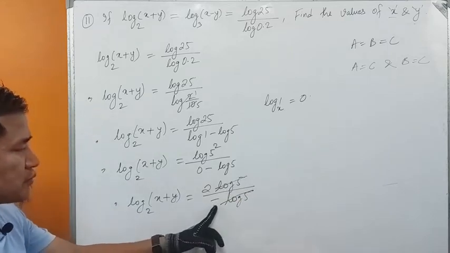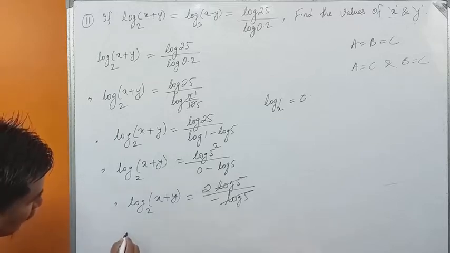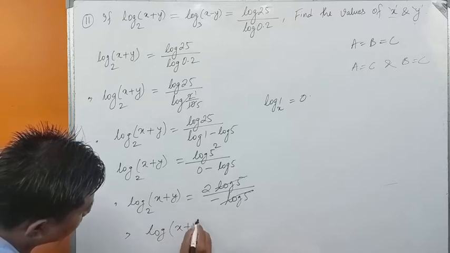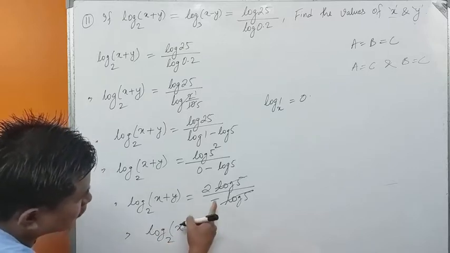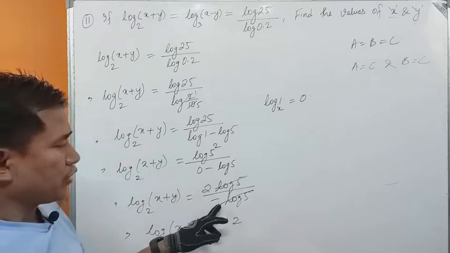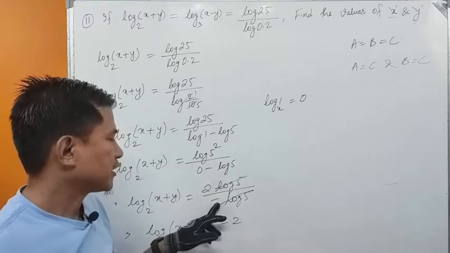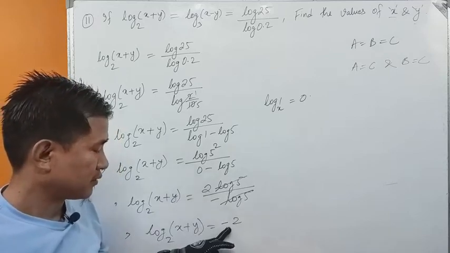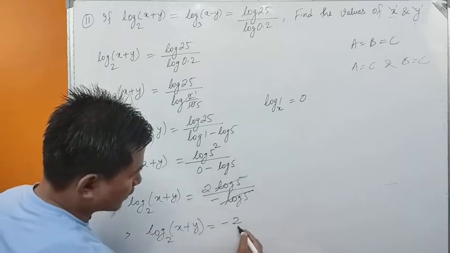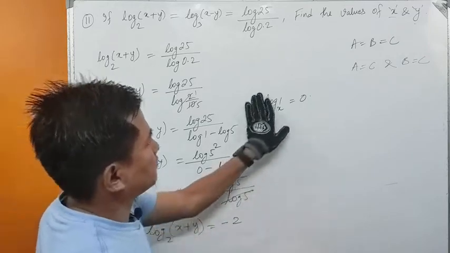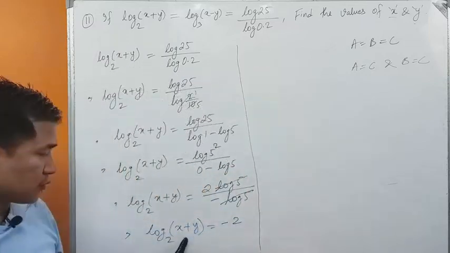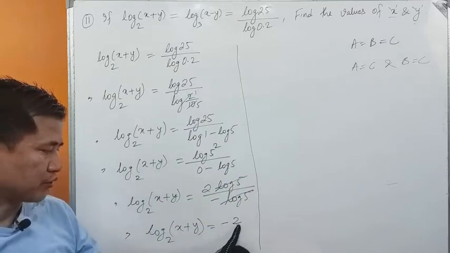If we have minus in the denominator, we must bring that minus to the numerator. That becomes minus 2, so 2 into minus 2, and in the denominator we have 1, we need not write that. So we have log (x plus y) to the base 2 equals minus 2.